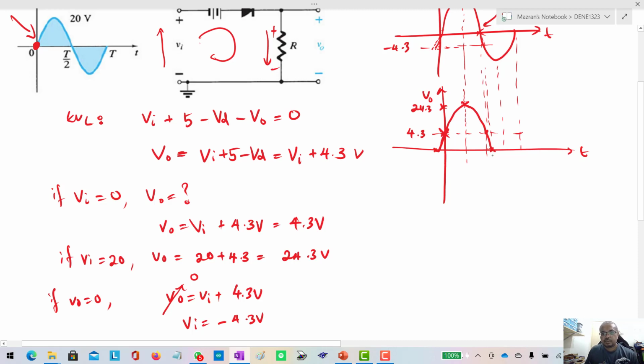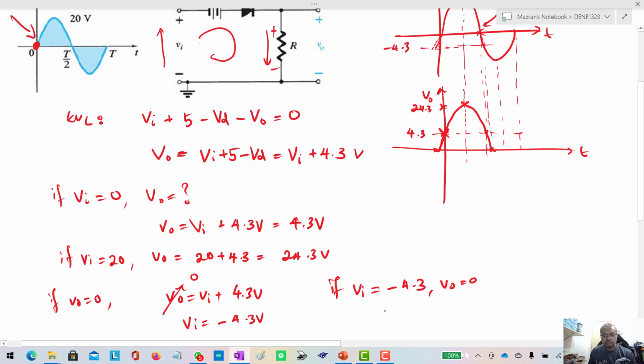If V in equals minus 4.3, V out should be 0.